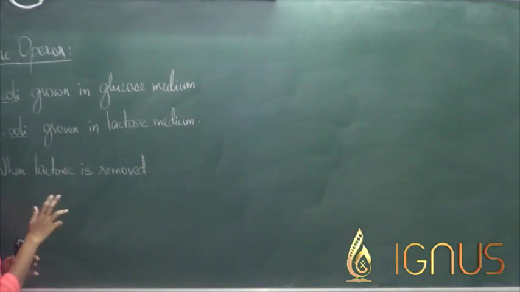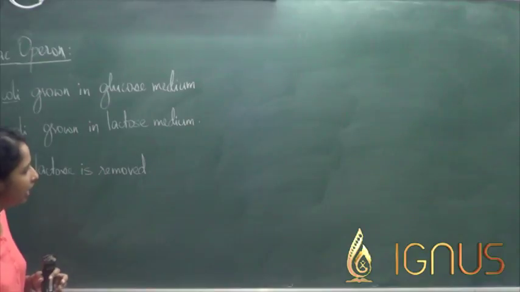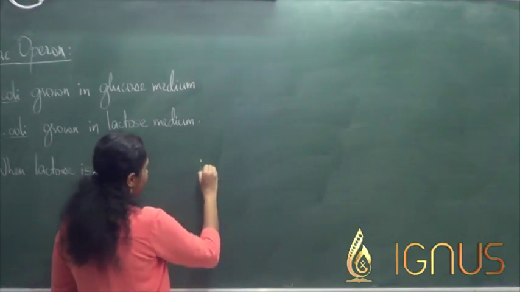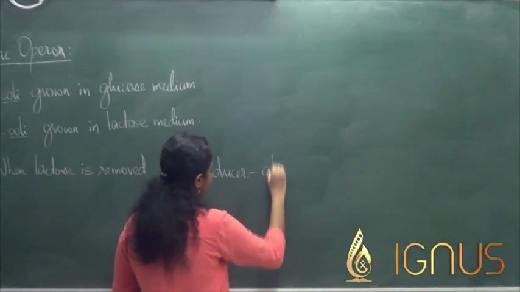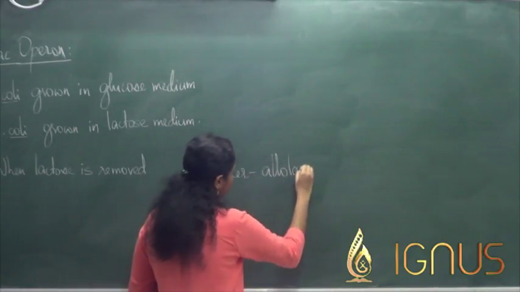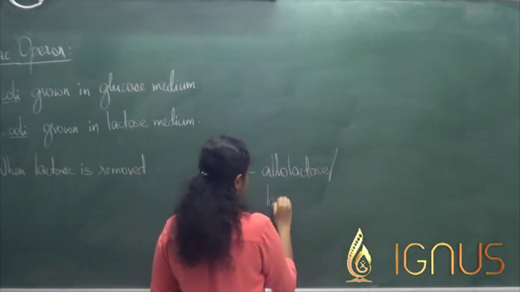So when the cells are grown on lactose medium, the few permease proteins which are there are going to allow lactose to enter into the cell, and this lactose will act as an inducer molecule, or rather the inducer molecule is termed allolactose. So you have the inducer molecule which is allolactose, or you can also term it just lactose.